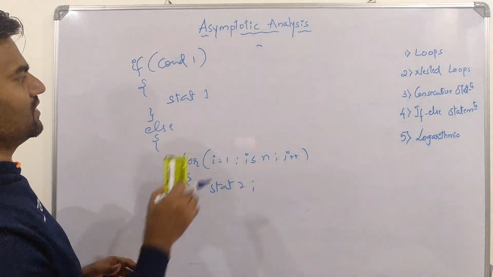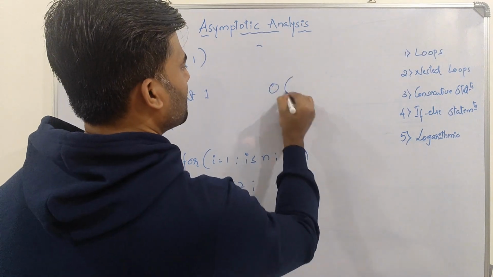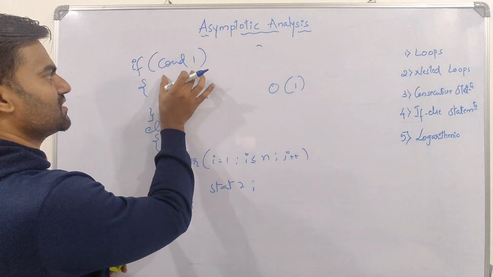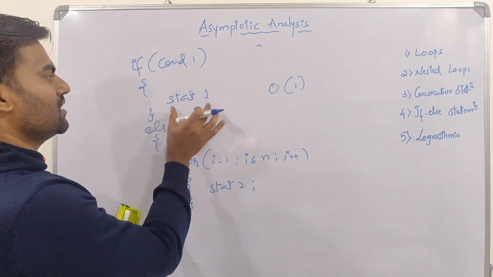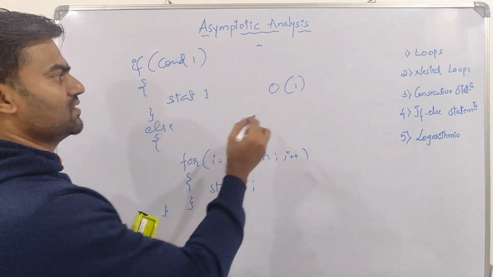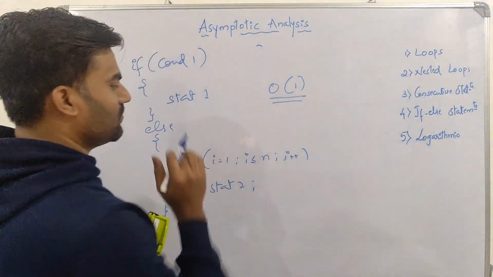If you see, this is of order 1 because it's a single statement. If this condition is true, then only this statement executes one time. For that reason, this is order of 1.